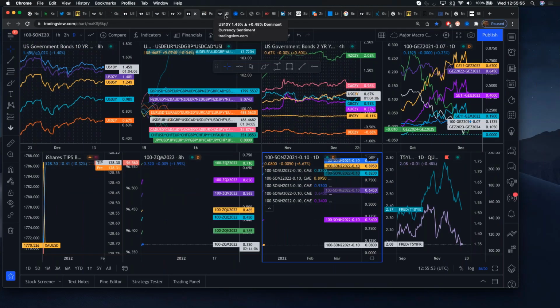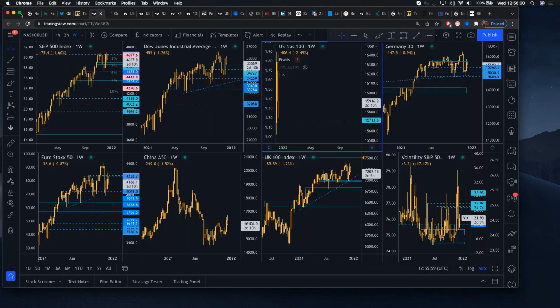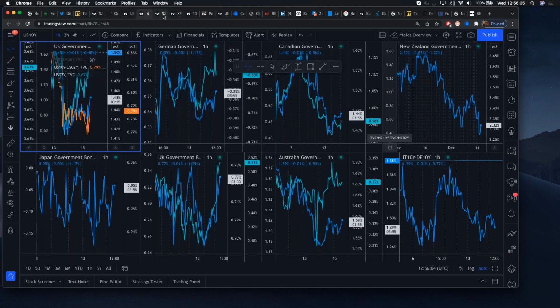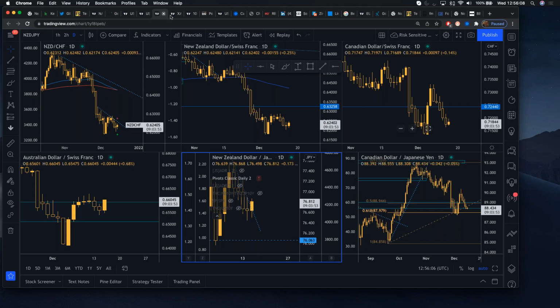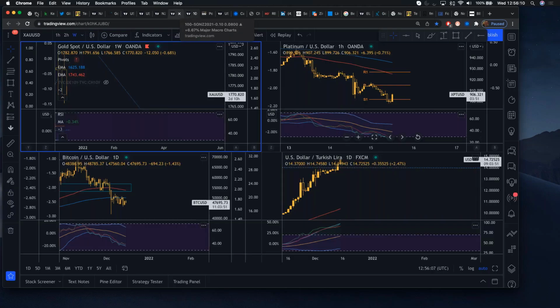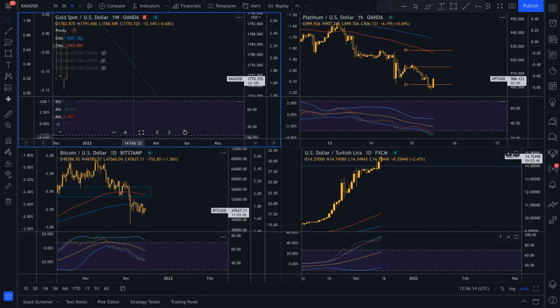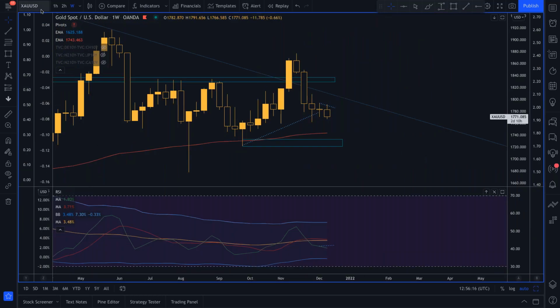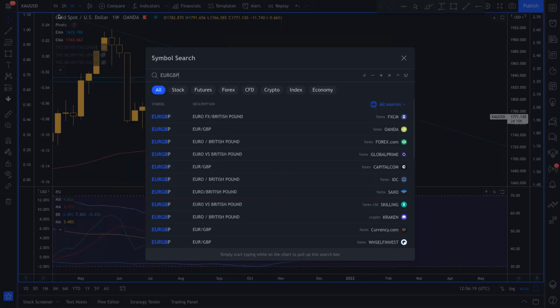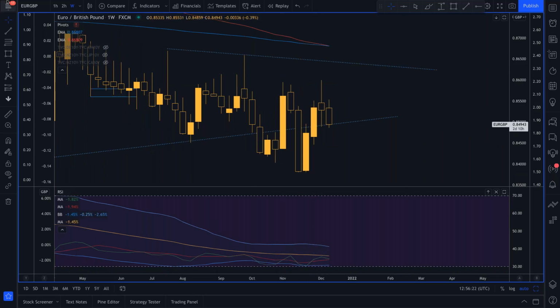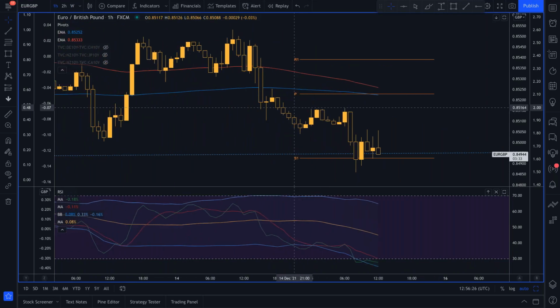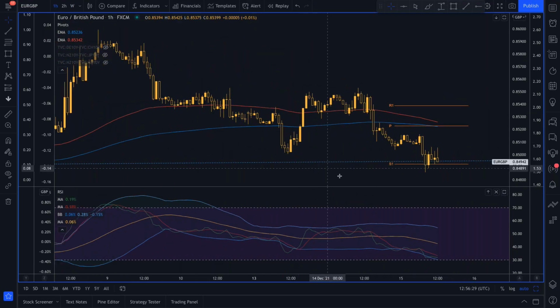I think one of the best opportunities would be seeing euro pound downside if we got a hike. So if the central bank hiked, look for euro pound downside, and I'll show you a decent way to trade that. If you just look here at euro pound, imagine this is 10 seconds before the release.